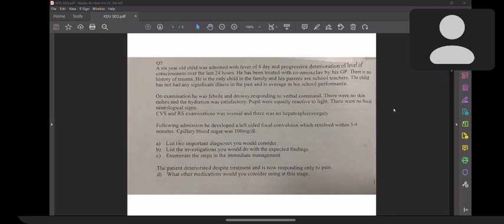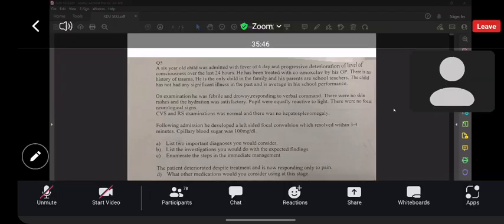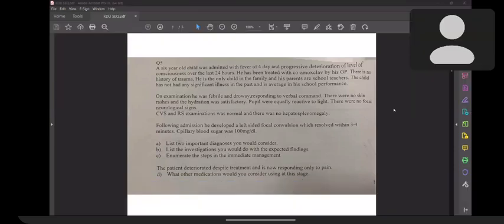But if he is responding to verbal commands, like if you tell him, put your tongue out, open your eyes, and he responds, then I would presume that his Glasgow Coma Scale is between 13 or 14, right? Very, very unlikely to be less than that. And there were no focal neurological signs, which is also important.